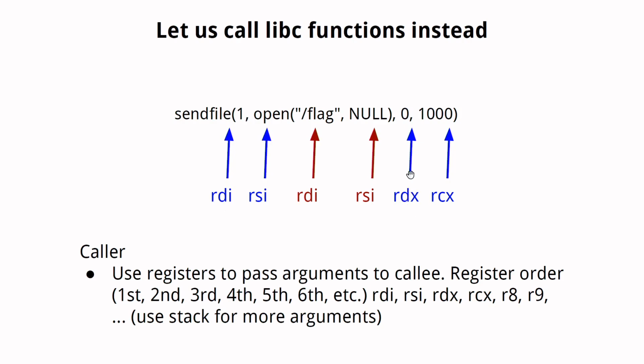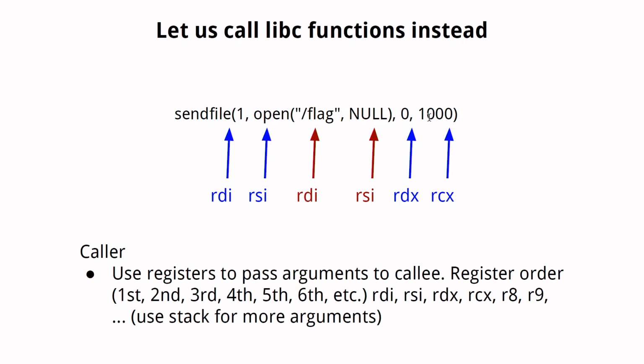Then the index in that file will be 0, so RDX will be 0. Then RCX will be how many bytes we want to output. We can put 1000 there, but you all know that the flag file we have is not really that long, so maybe 100 will be enough. You don't have to put 1000 here. Okay, so that's basically how we are going to call this.